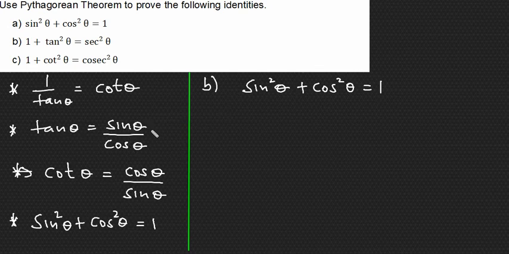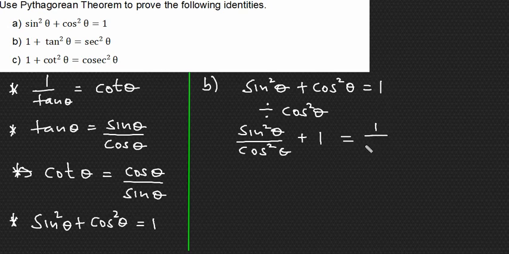So when I divide by cos, I have to divide by cos squared on both sides, I'll create the sine squared over cos squared. So this will be sine squared theta over cos squared theta plus, now when we divide this with cos squared, it is a 1, and when I divide this, I get 1 over cos squared theta.